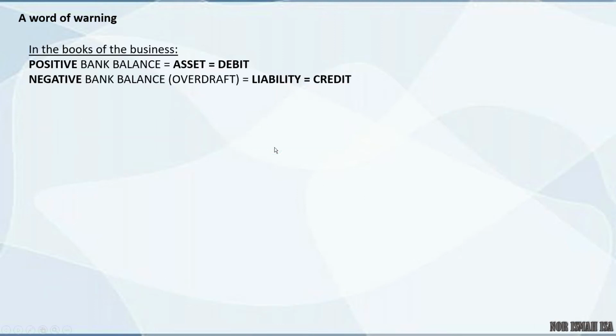The first one is in the books of the business. So if the balance is a positive amount, this is the asset. So the balance is the debit balance, as for the negative balance, that one is the liability. It should appear as a credit balance.